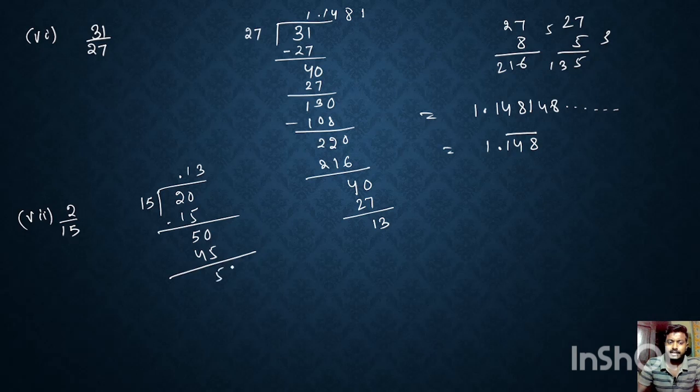So 15 3s are 45. So 3 will be repeated. So we can write the answer as 0.133 dot, or you can write 0.13 bar, because 3 will be repeated, not 1. That's why only the bar on 3.